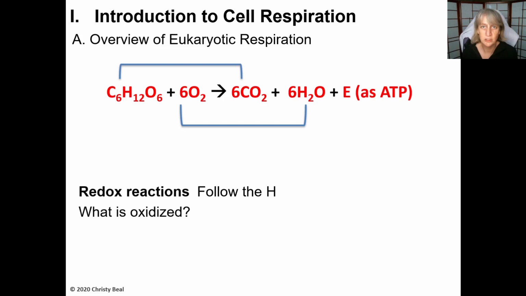Oxidation is losing electrons. Sugar is oxidized. When I learned this the first time, I just went around practicing sugar is oxidized in cell respiration. And that helped me remember the rest of the process. So if sugar, oh no, I ruined it. If sugar is oxidized, what's reduced?